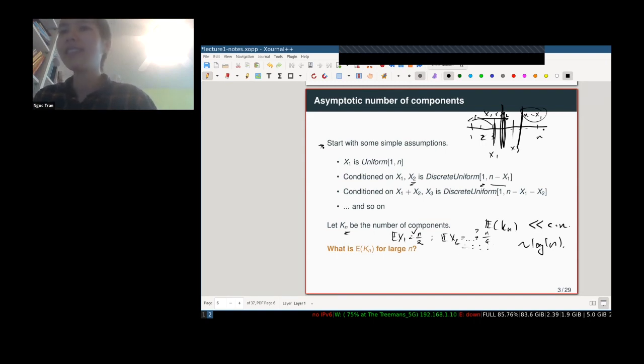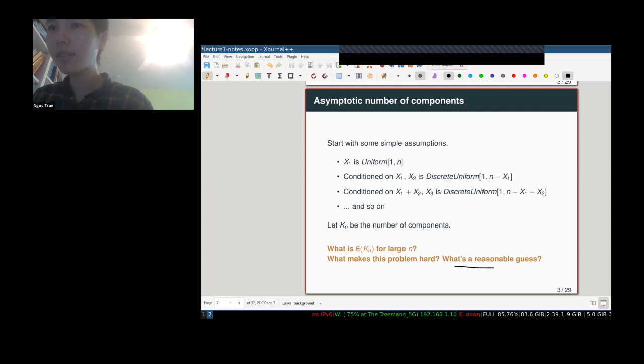This is kind of a geometric series: a half, a quarter, an eighth, and so on. How many steps until I reach about n seems like it should be about log n. More precisely, log base 2 of n. So I would say the expected value of Kn being about log base 2 of n is a really excellent guess.